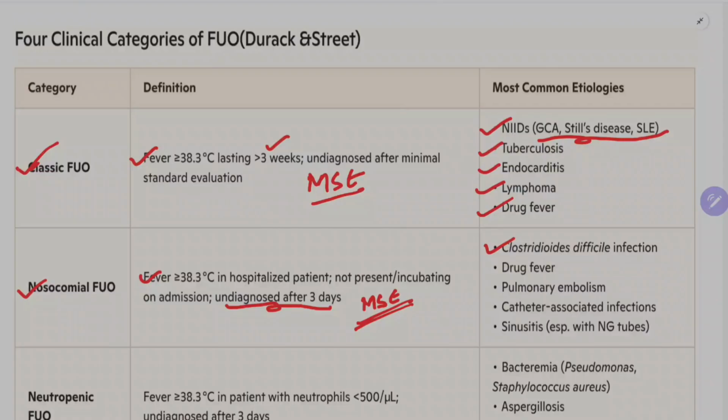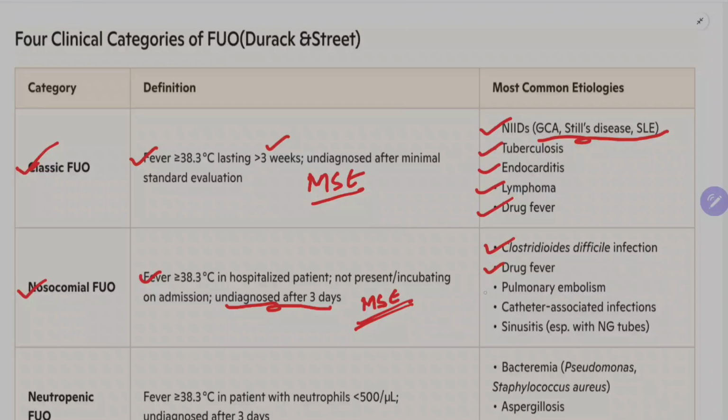So if you want to remember this nosocomial FUO, just imagine the patient who is admitted in the hospital. He will have cannulas and he will be given a lot of drugs. So when you remember this, then the causes are easy to remember. When you give a lot of antibiotics, there is a risk of Clostridium difficile infection. So that's one cause. There is a chance of drug fever.